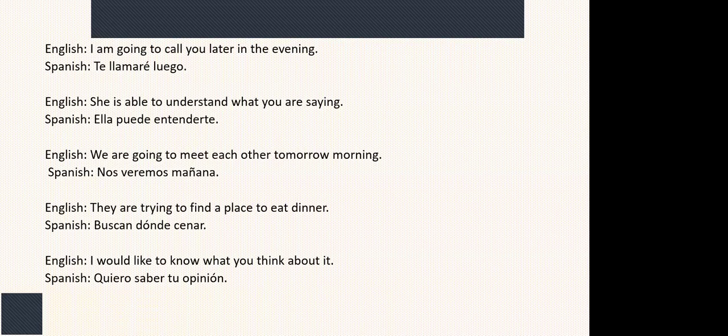I don't know. This is what I think about the way you address the translation, right? Also because I would like is much more polite, so to do it in Spanish the same way, quiero is too direct. Or maybe you could say in Spanish, me gustaría tu opinión al respecto.